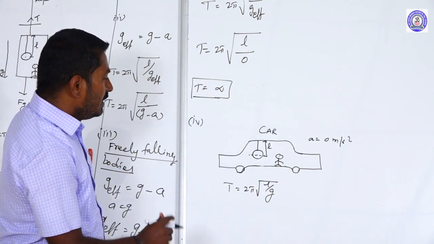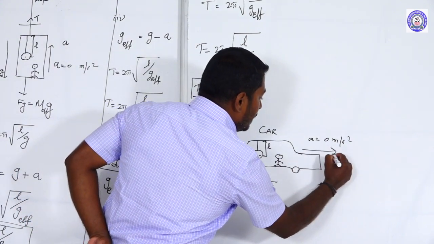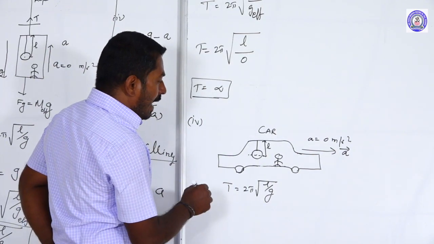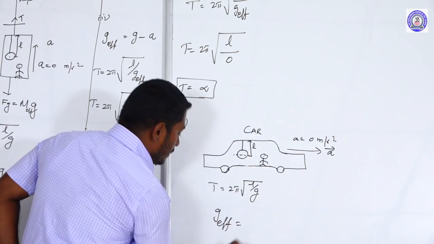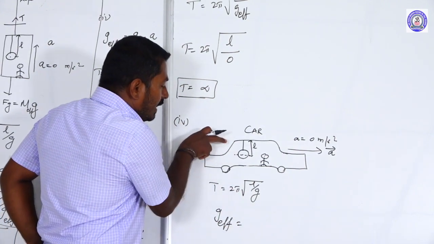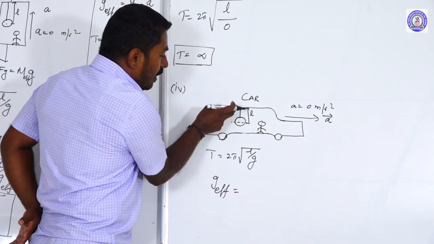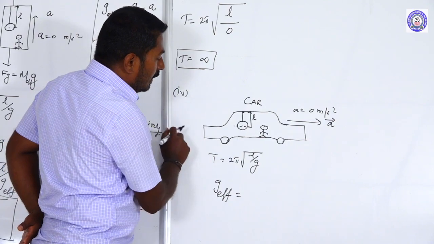Now the car is moving towards the positive x-axis with a constant acceleration. The effective acceleration g effective in this case depends on the acceleration of the point of suspension of the thread or string tied to the ceiling or roof of the car.